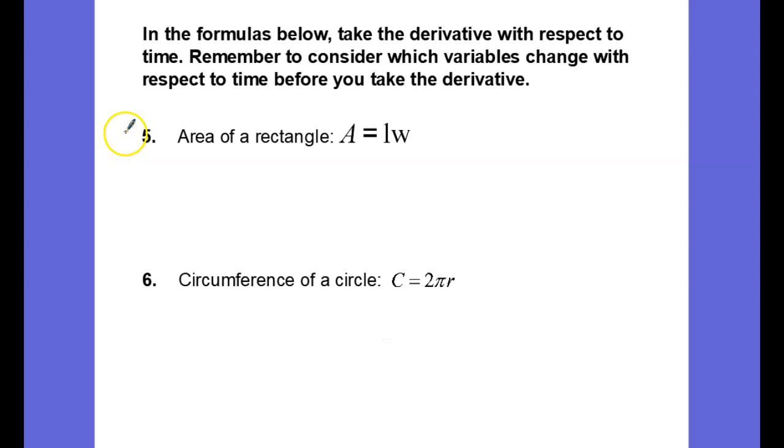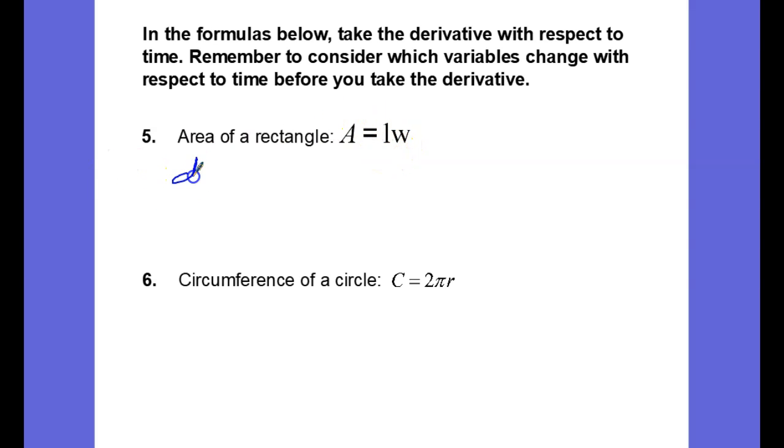Beginning in number 5, we're told that we will be given formulas and we should take the derivative with respect to time. Remember to consider which variables change with respect to time before you take the derivative. Here we have the area of a rectangle and it's equal to length times width. And so to take this derivative, we're going to use the product rule as both of these dimensions may be changing with respect to time.